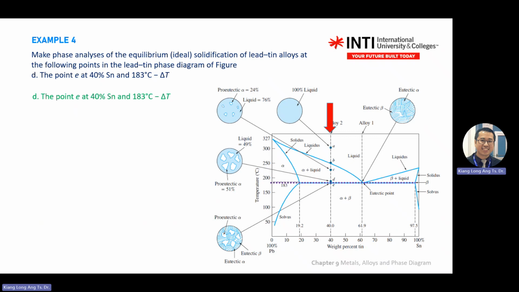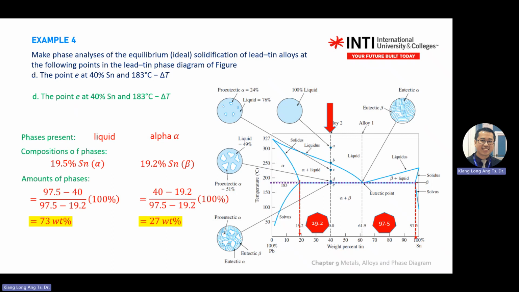Then another one is not D point, it is point E here. So for point E, you need to shift your purple line a little bit lower. The same process. Okay, the answer here is wrong. It should be alpha and beta, not liquid and alpha.